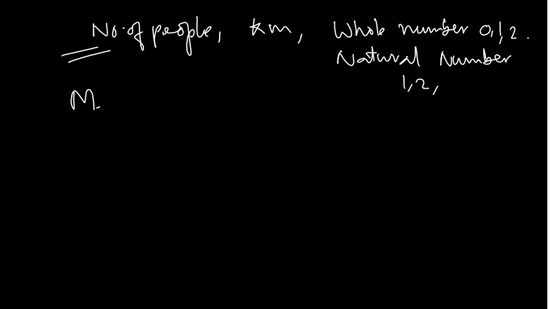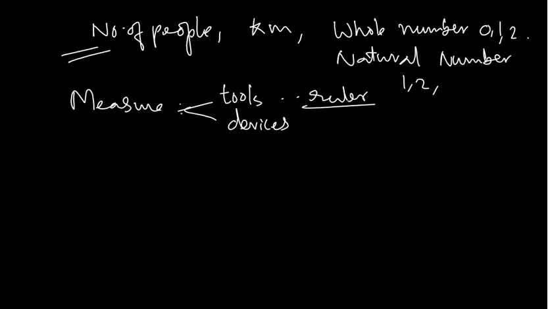When we measure, we have some tools or devices to do the measurement, such as measuring instruments. You have a ruler, which you use in school or in construction. If I ask you to draw a line with a length of 15.234, you will draw a line approximately, and then start with a ruler.